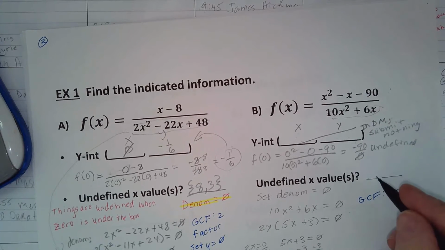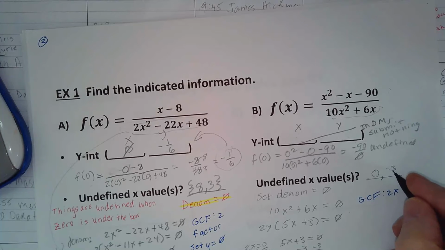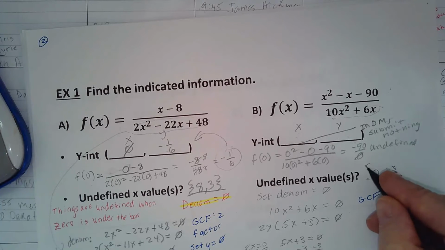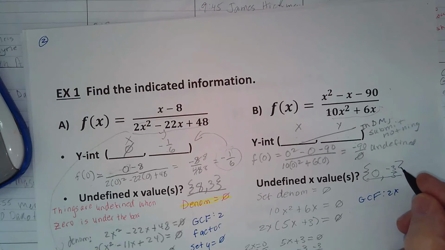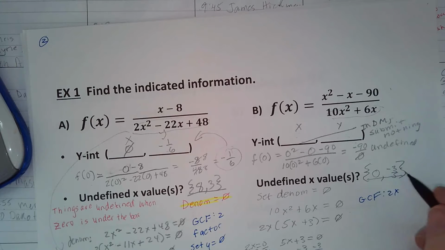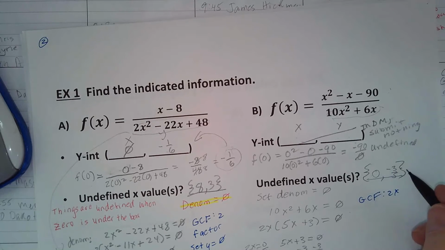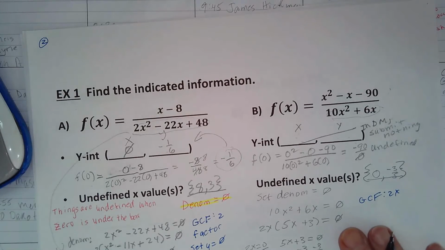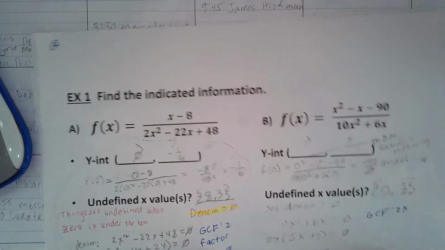So they would be 0 and negative 3 over 5. Now, by the way, when you go into Delta Math, it provides these curly cues for the undefined x values. You just pop in the answers with a comma in between. Okay? So there you go. Pretty simple. Let's move on.